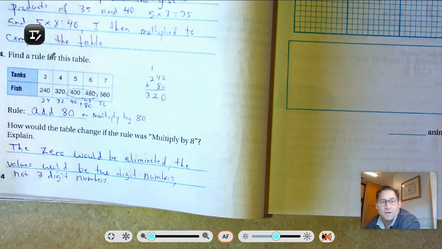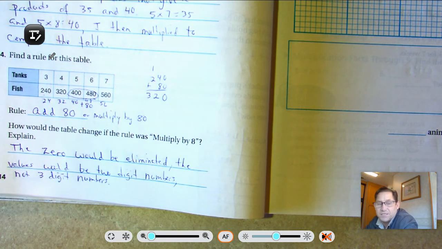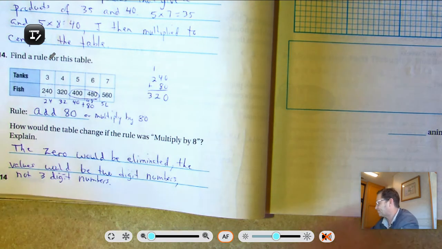And so our products would be 2-digit numbers, not 3-digit numbers.